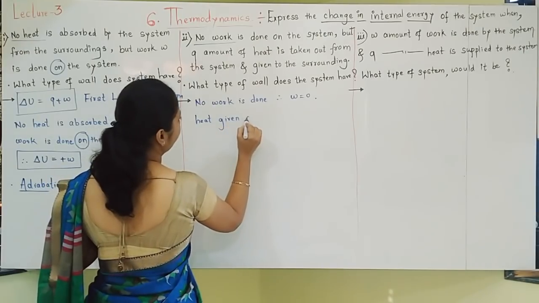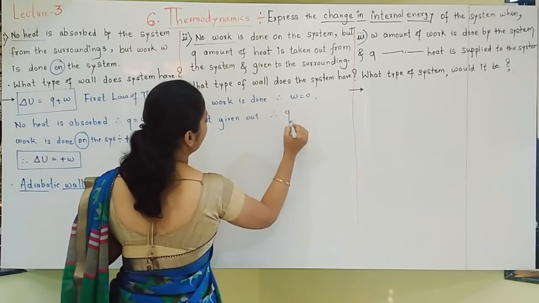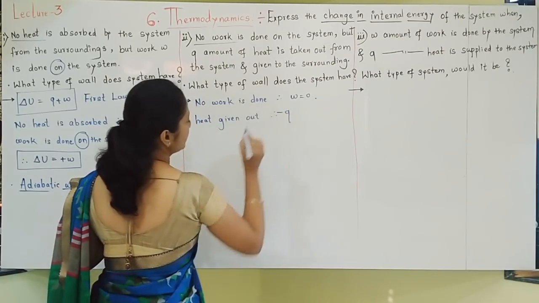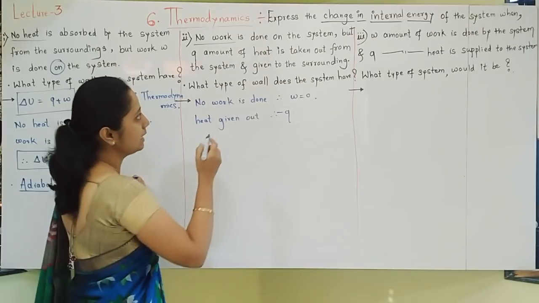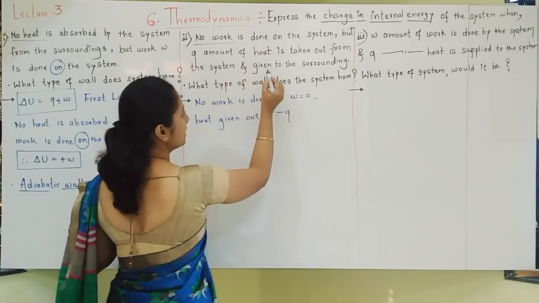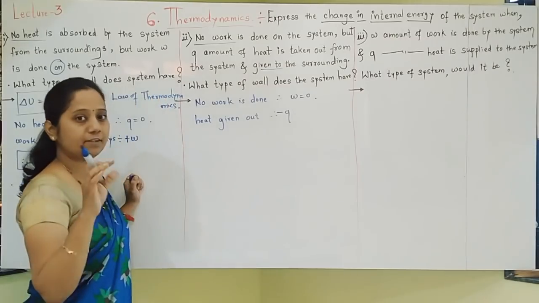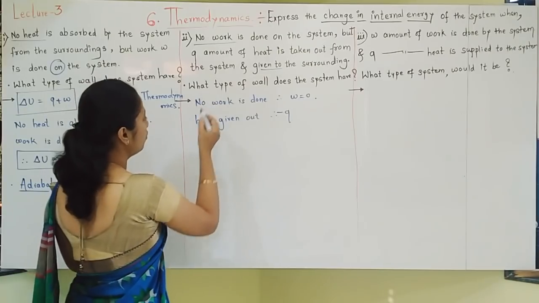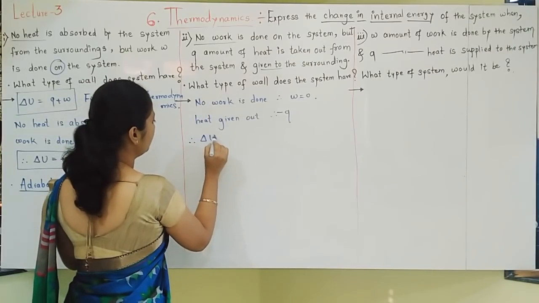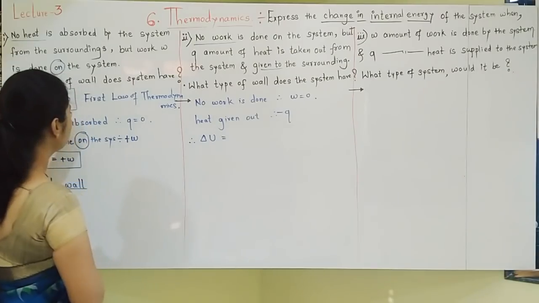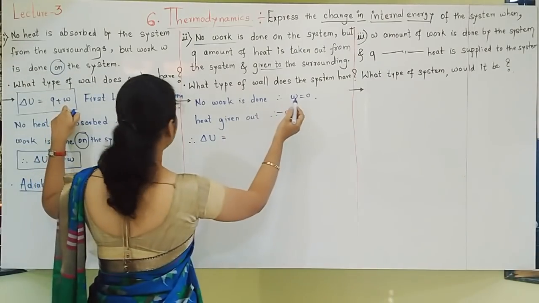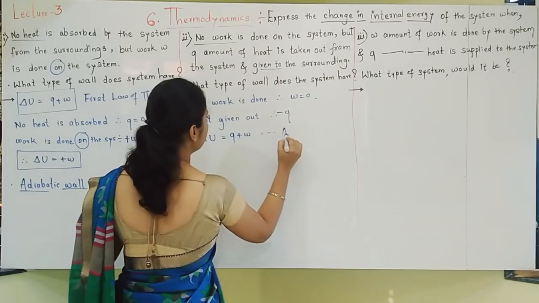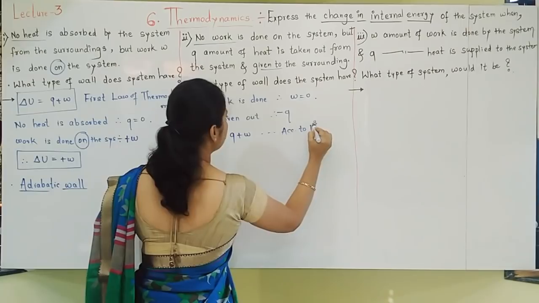Heat is given out, therefore Q I am writing minus Q. Correct? Because heat is taken out from the system and given to the surrounding, the sign must be negative for the heat. So what can be delta U? Delta U again the same, Q plus W. W is 0. This is according to the first law.